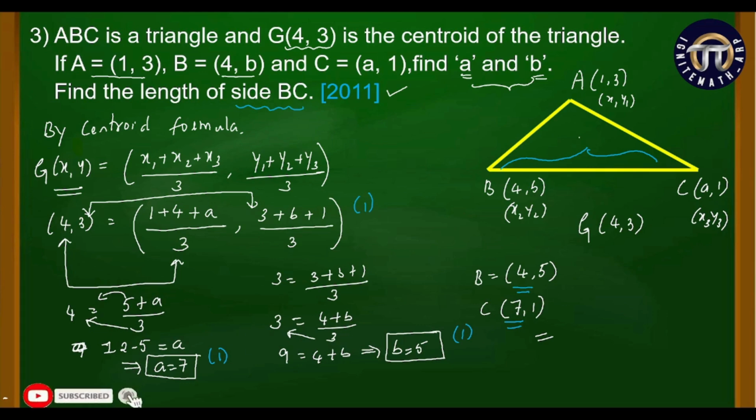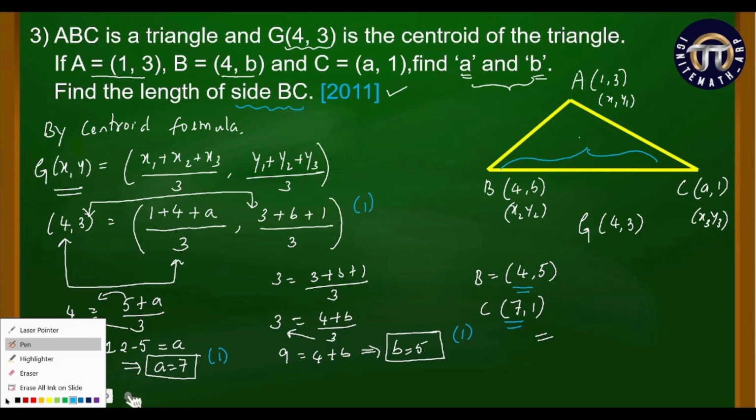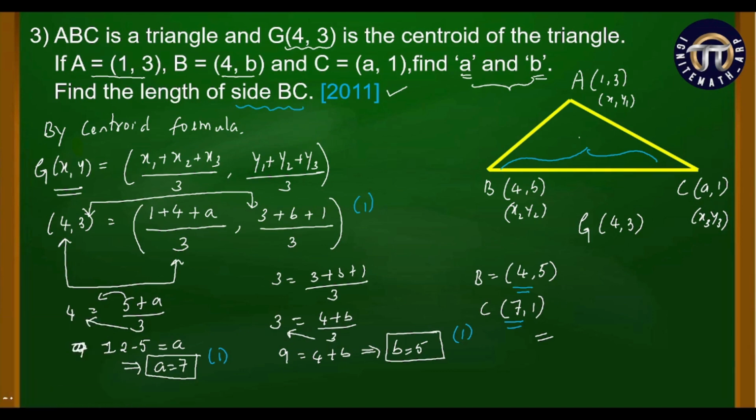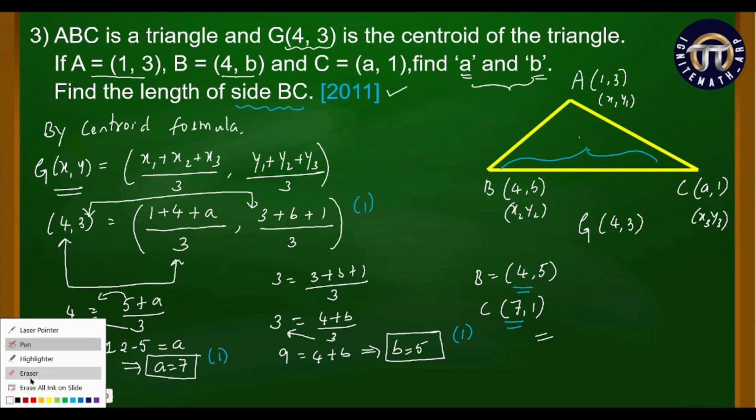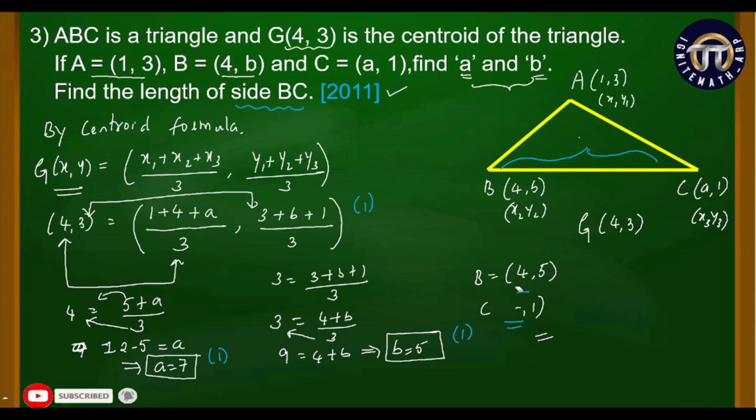So how do you find out the length of any side or any line segment? Now distance formula comes into action. Right, so now I use the distance formula. You must understand what is distance formula, as it is already shown, and you have already learnt in the 9th standard.